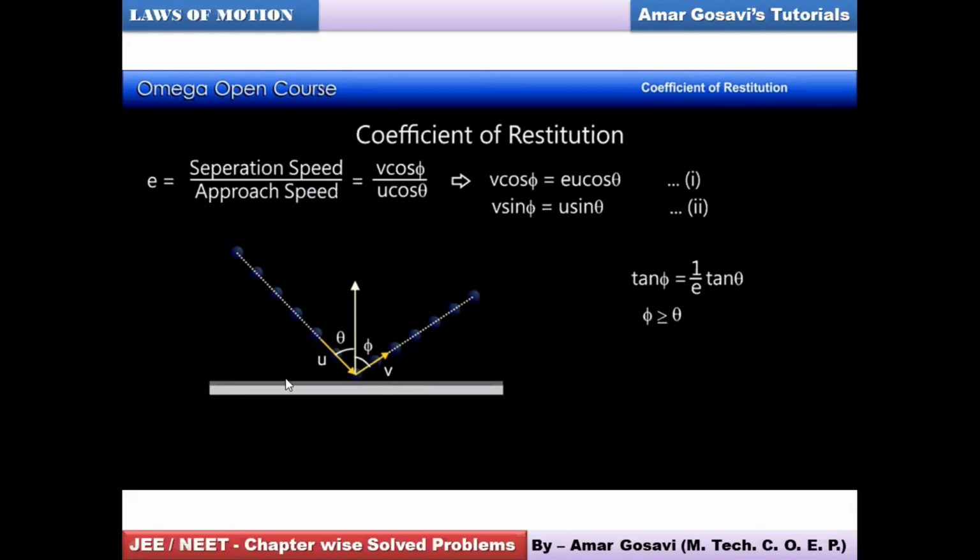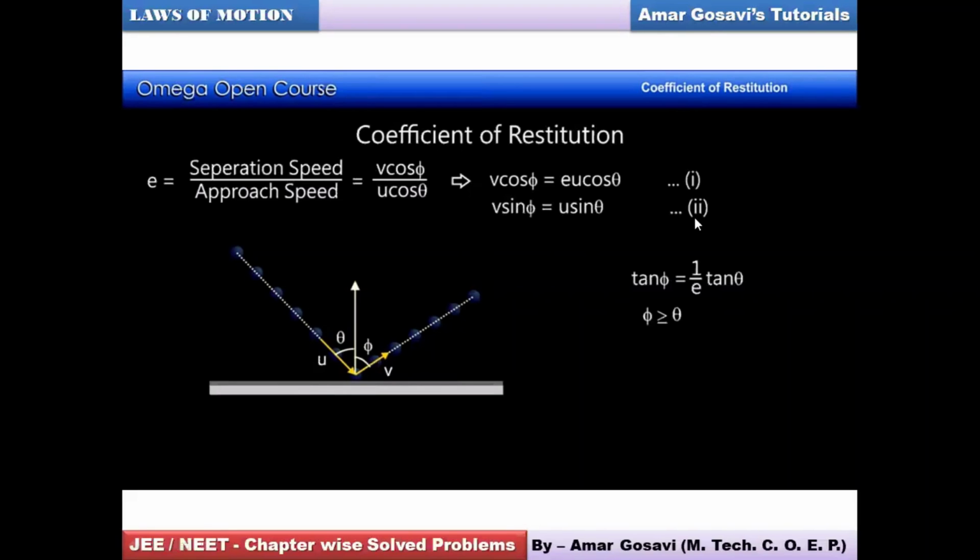Both are to be equal because the ball is not moving in the horizontal direction, before or after. That means these two velocity components have balanced each other. Therefore, I can equate v sine phi to u sine theta. This is how I get equation 2.